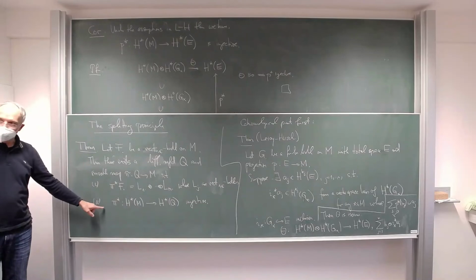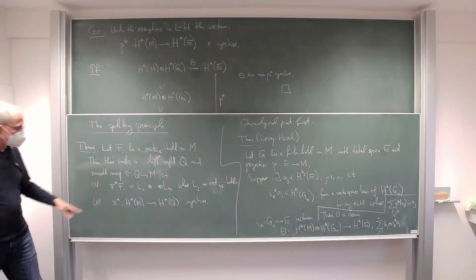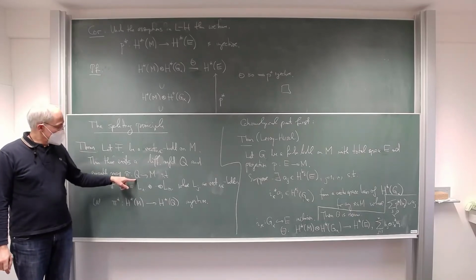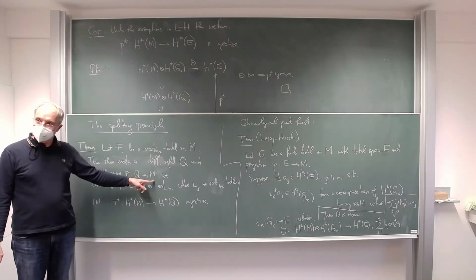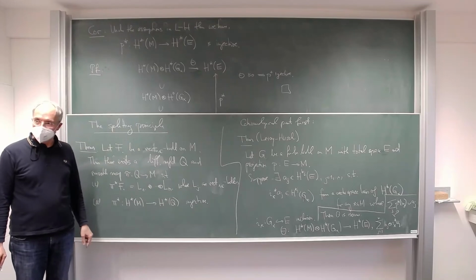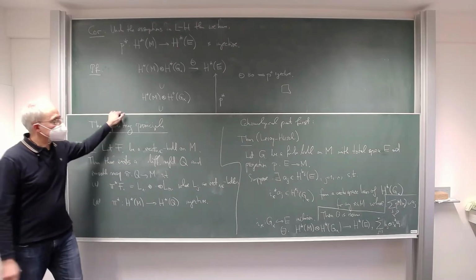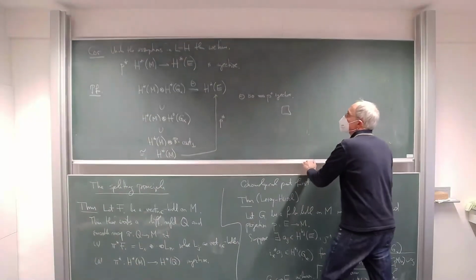This is the second condition. So it might be a good idea to find this Q in such a way that it's a principal fiber bundle over M, for which the assumptions in Leray-Hirsch are satisfied, because then condition 2 will be obtained by Leray-Hirsch. And that's what we will do, essentially.